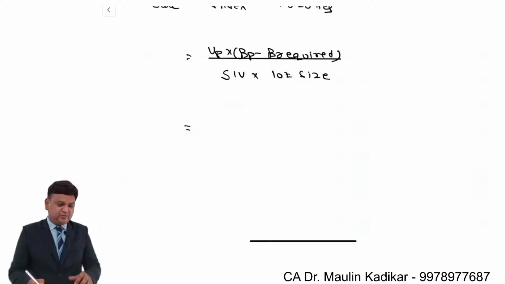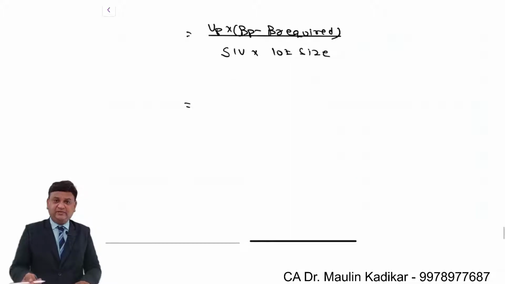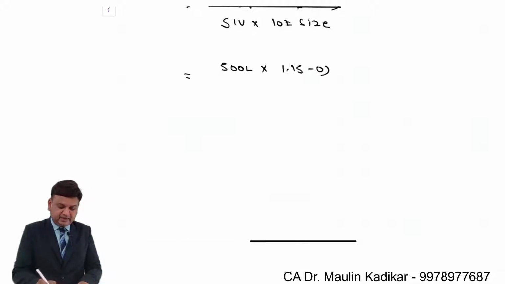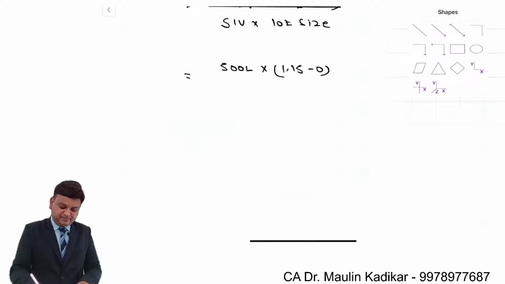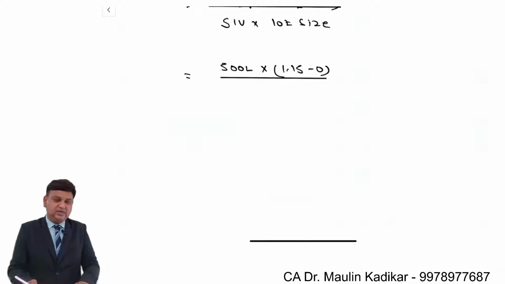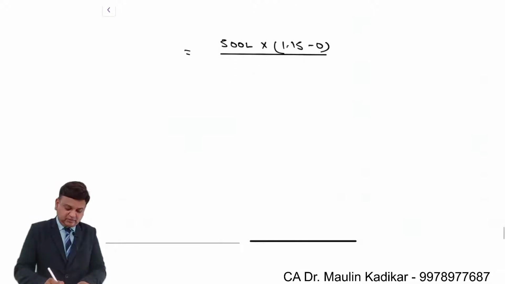What is the value of the portfolio? It is an amount of rupees 5 crore, that is 500 lakhs, into beta is 1.15 minus beta required is 0, whole divided by spot index value, that is 21,000 into 150.